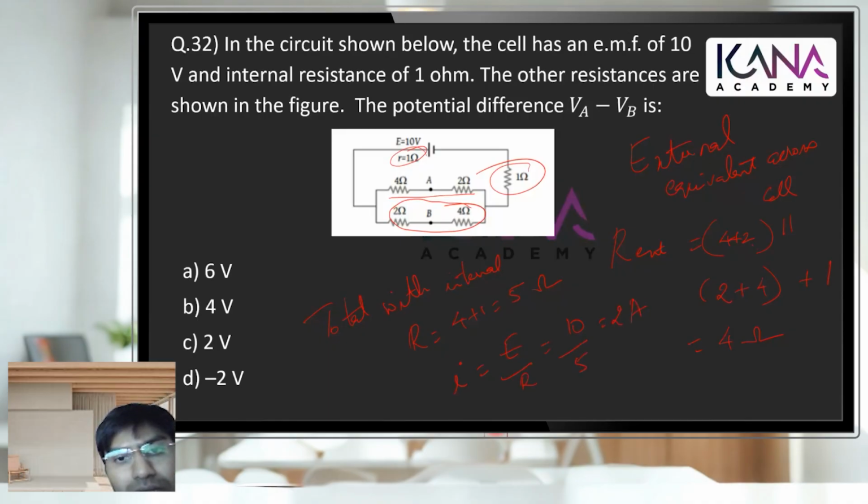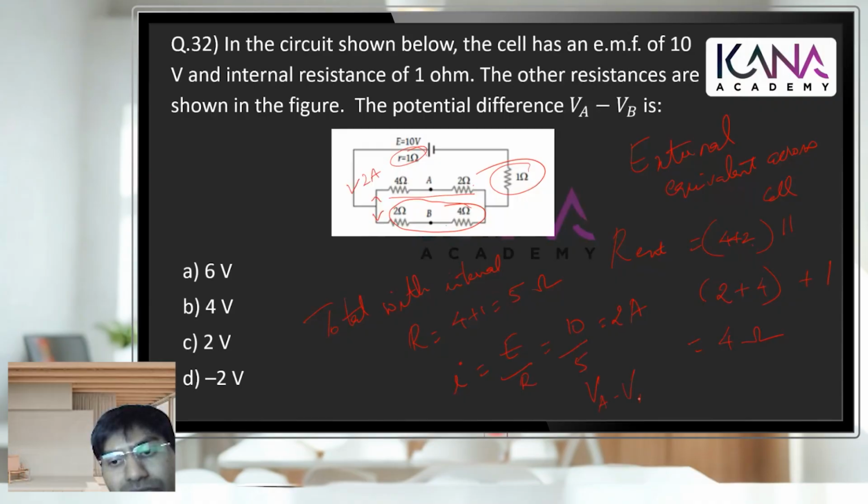So the current coming here is 2 amps. So it's split into 2 branches, because both of the branches are 6 ohms and 6 ohms. So it will split equally. So it will be 1 amp in each. Okay. So how will VA minus VB be?